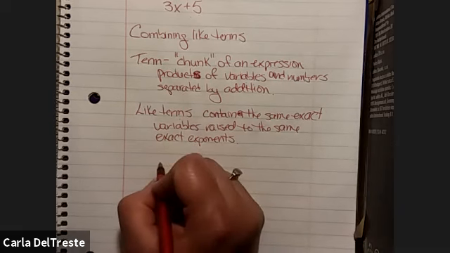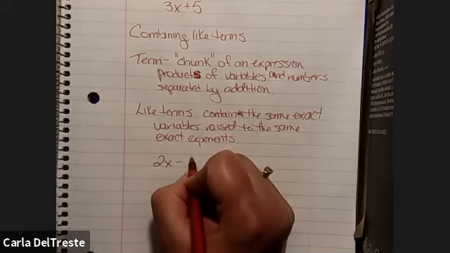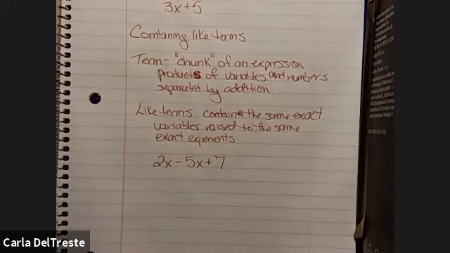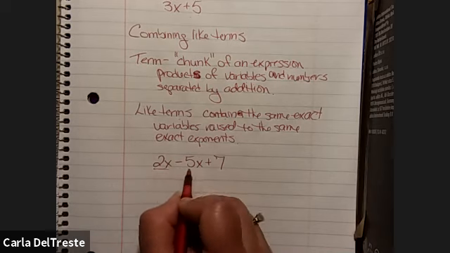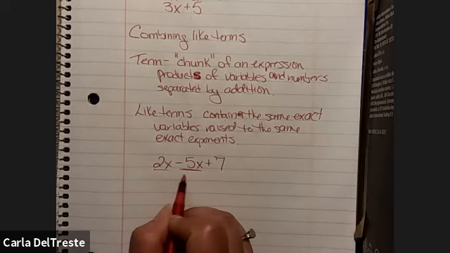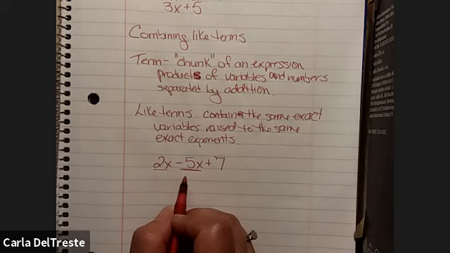So in an example, kind of like what we had before, except this time I'll do x's. What if we had 2x minus 5x plus 7? Now the like terms are 2x and negative 5x. And there's absolutely nothing wrong with identifying your like terms. Matter of fact, that's a really good strategy.